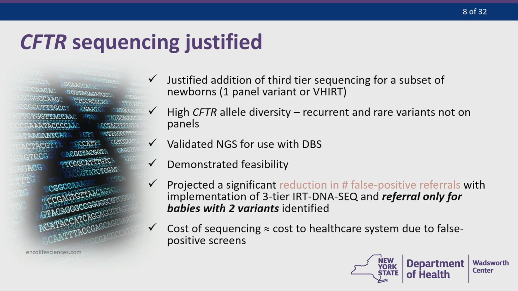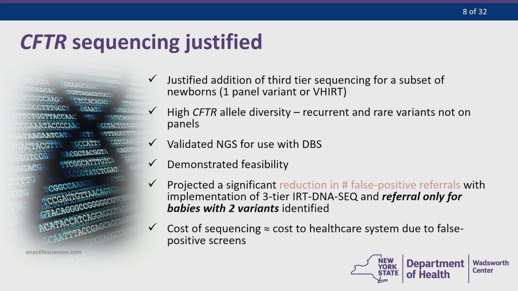So we were able to justify addition of third-tier sequencing for a subset of newborns in our state, those with 1 panel variant or ultra-high IRT. We demonstrated high CF allele diversity with both recurrent and rare variants not on panels. We validated the assays for use with dried blood spots, showed feasibility, and we projected a significant reduction in the number of false positive referrals with implementation of a 3-tier IRT DNA-seq algorithm and referral only for babies with 2 variants identified.